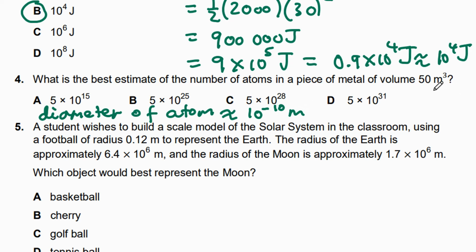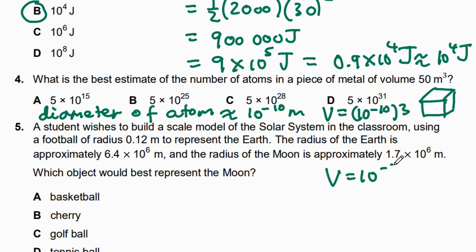Now, if you regard one atom as a cube, it will be a cube of sides 10 to the negative 10 meters by 10 to the negative 10 meters by 10 to the negative 10 meters. And to find the volume of one atom, we will take 10 to the negative 10 meters and cube this. And of course, this will be 10 to the negative 30 meters cubed.